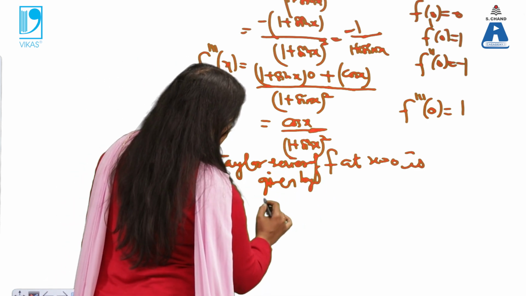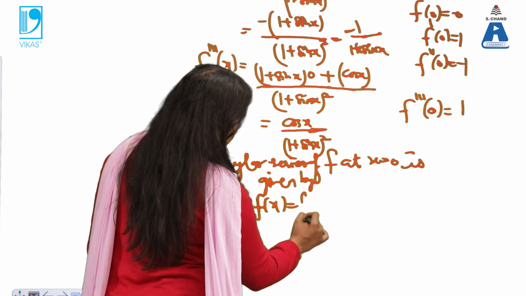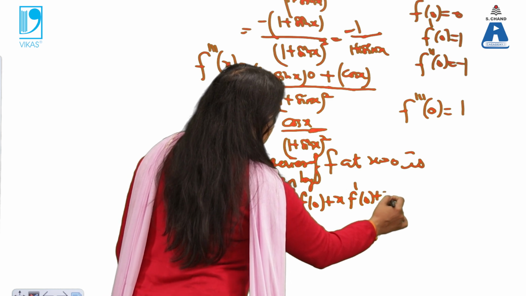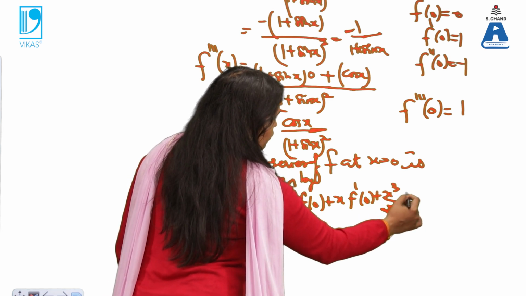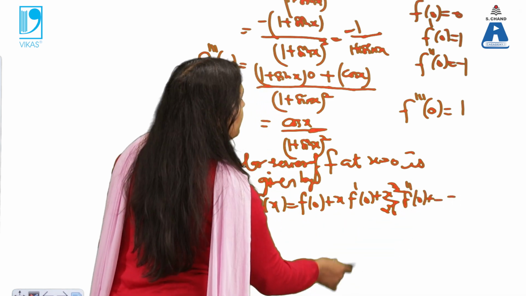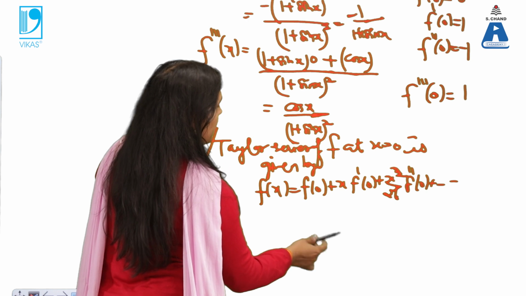So given by f(x) equal to f0 plus x f dash 0 plus x square by 2 factorial and so on. I put up the values which I have calculated.